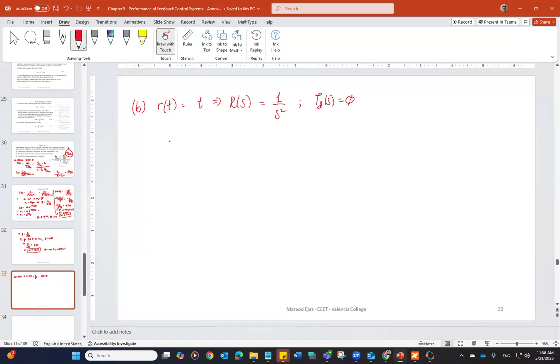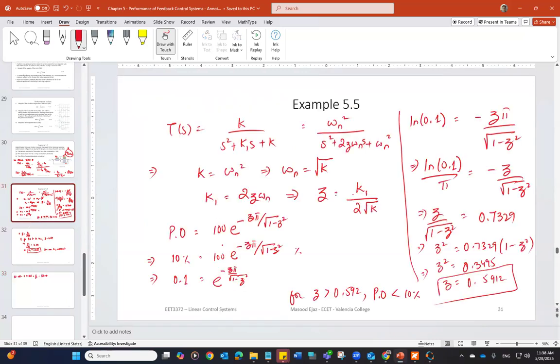We already have the transfer function right over here.